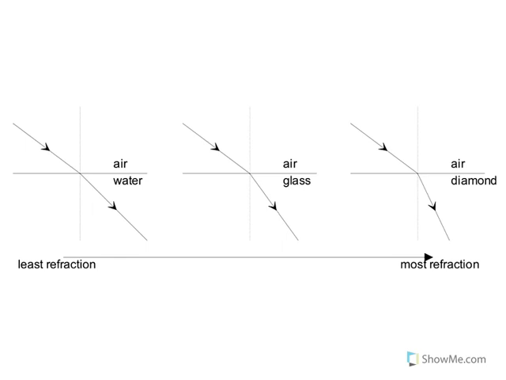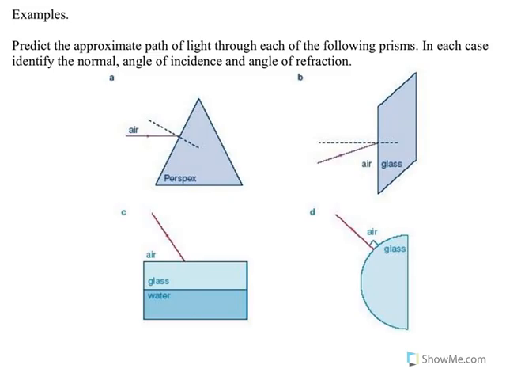Alright, so next, there's an example in your notes, so let's have a look at that. Here's the diagram, and it asks you to predict the approximate path of the light. We don't want the actual angles to be perfectly correct, but what we need is to look at what happens.